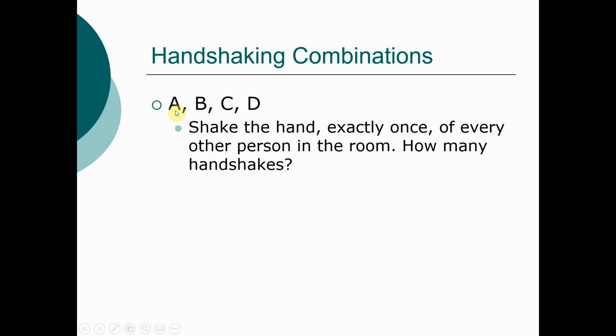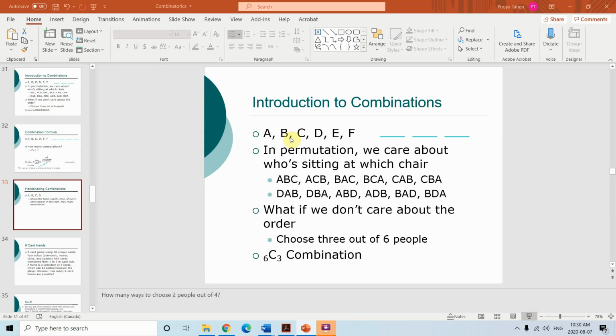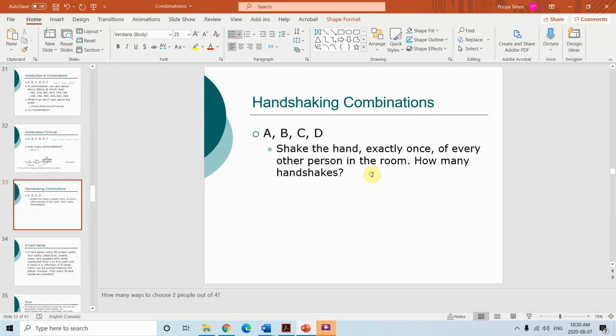So in that case, if A shakes hands with B, it doesn't matter if it's AB or BA, it's going to be counted once, right? So for this problem, what we have to do is first find how many different permutations we can have.